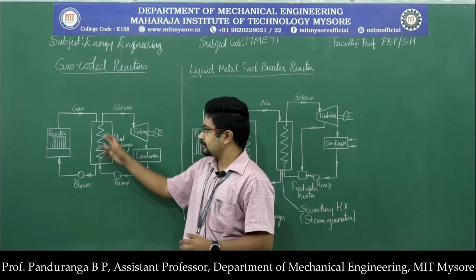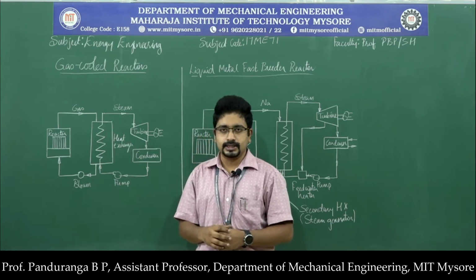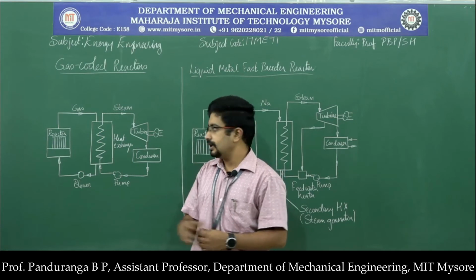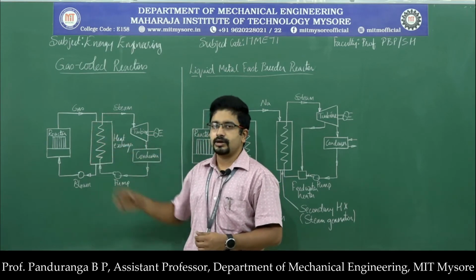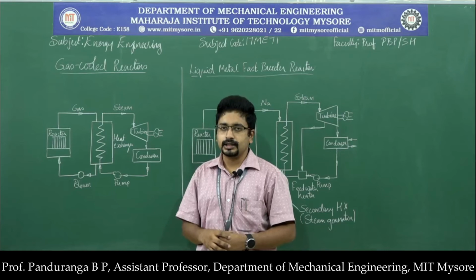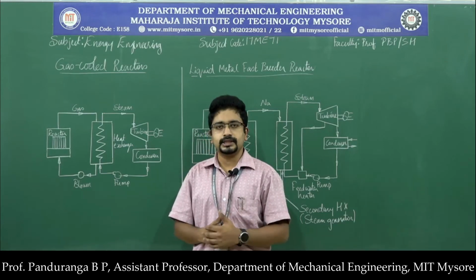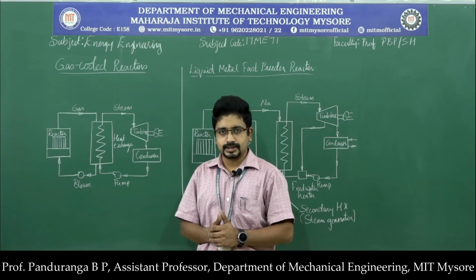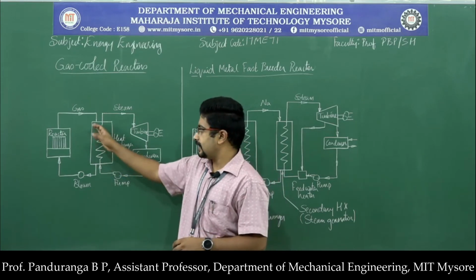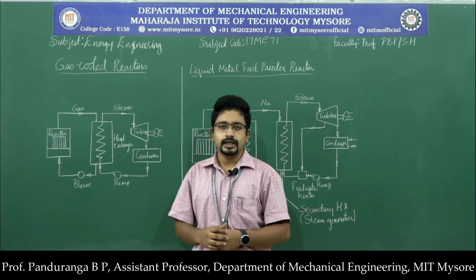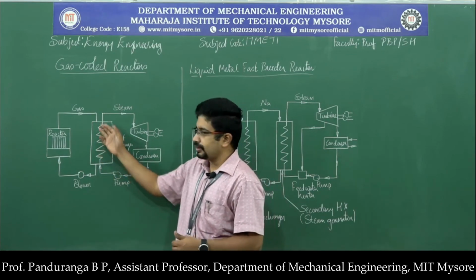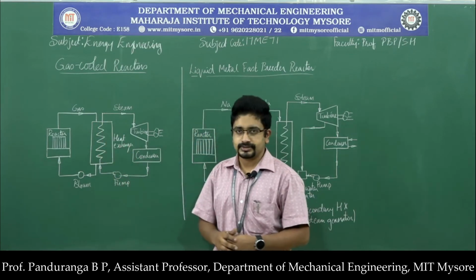The water will flow through the pipes in the heat exchanger or the steam generator, and we have the gases, very hot carbon dioxide at around 16 bar pressure, that transfer their heat energy to the water flowing inside the tube bundles.